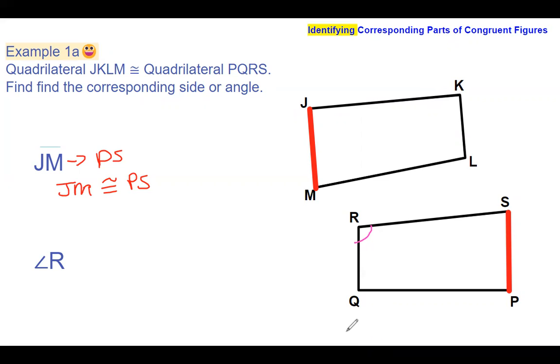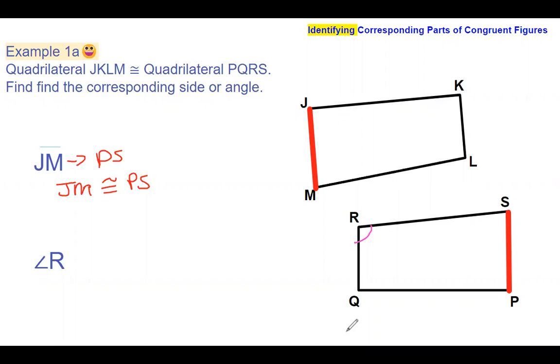All right, raise your hand if you think it's K. Raise your hand if you think it's L. I have 1, 2, 3, 4, 5, 6 for L. Okay, so I have half and half the class.